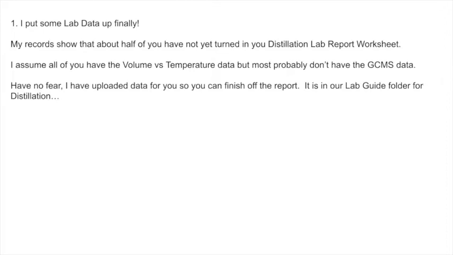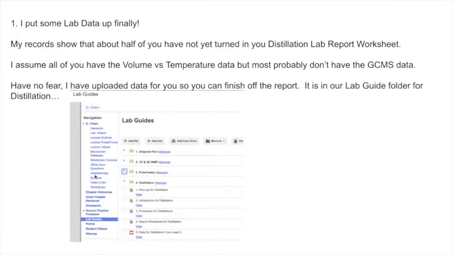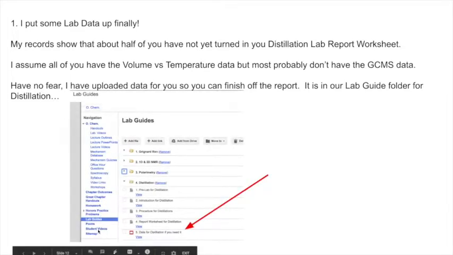So as I said before, you'll take whatever data you already have. If you collected any data, use that. But then anything you're missing, go to my lab guide and you'll find it. It's right here under lab guides.